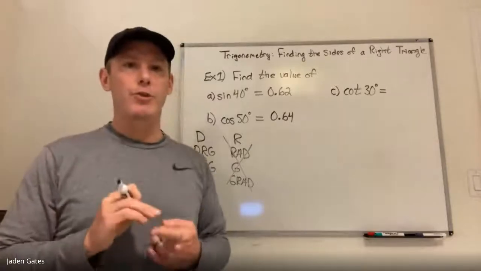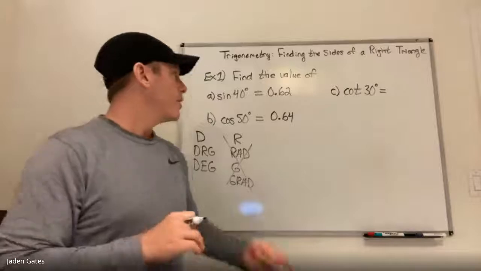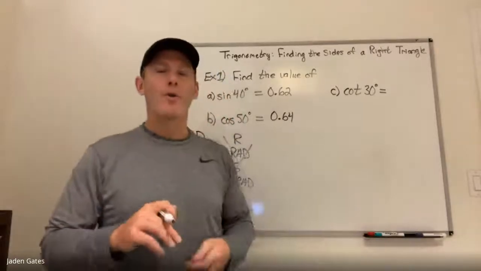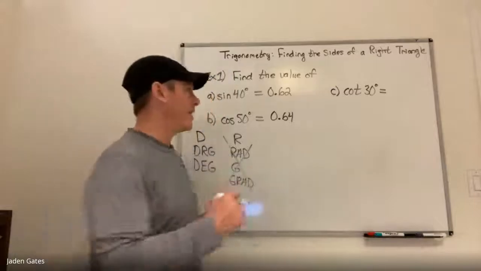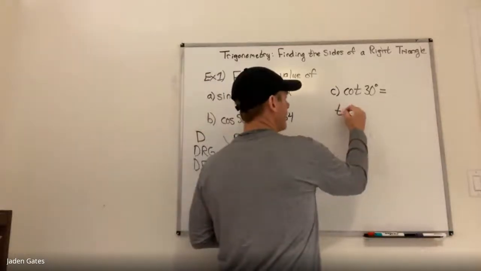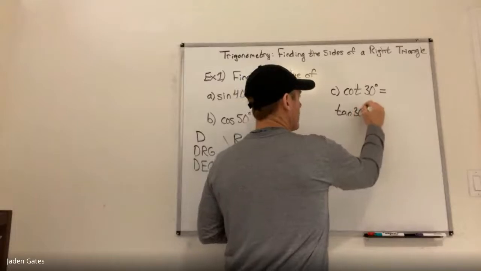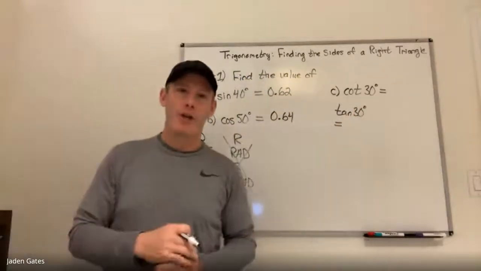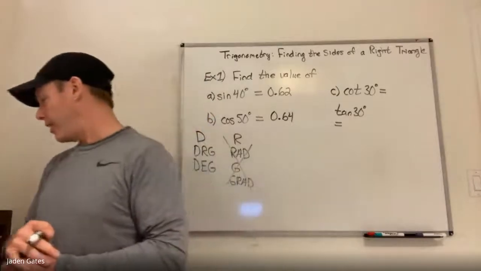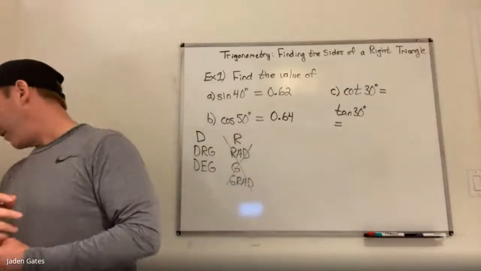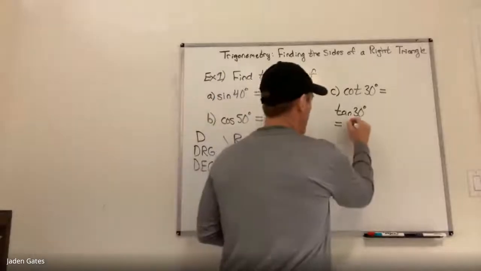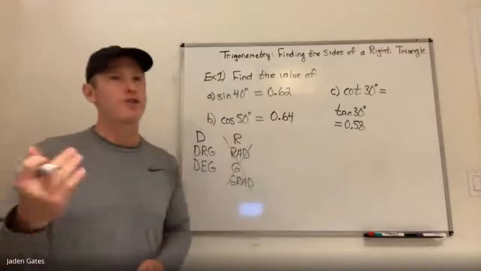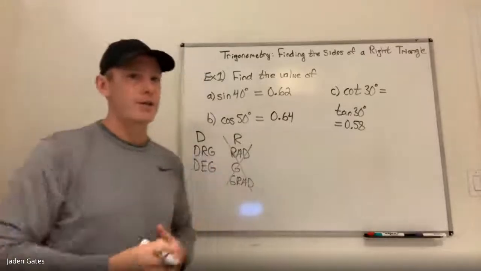We have to use those three basic trig ratio buttons to find cotan. So the reciprocal of cotan is tan. What I'm going to do is type tan 30 degrees into my calculator, and I get 0.58. Again, that's assuming that your calculator is in degree mode.